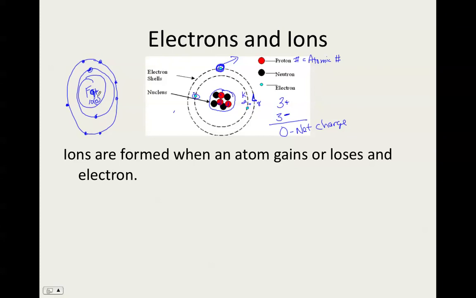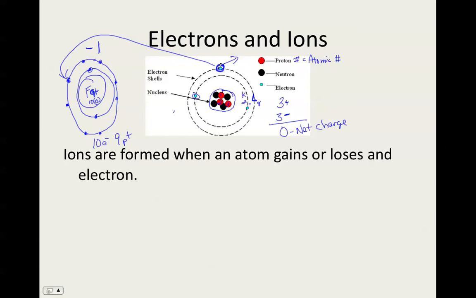So this is a fluorine atom that's neutral. Now, fluorine would happily take this electron from lithium, which would make it more negative. So you would end up with 10 electrons, 9 protons, and an unbalanced electrical charge. So a fluorine atom would end up with a -1 electrical charge.